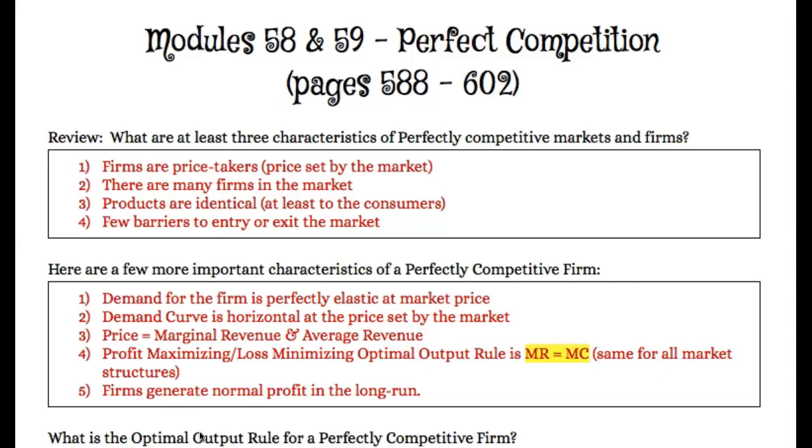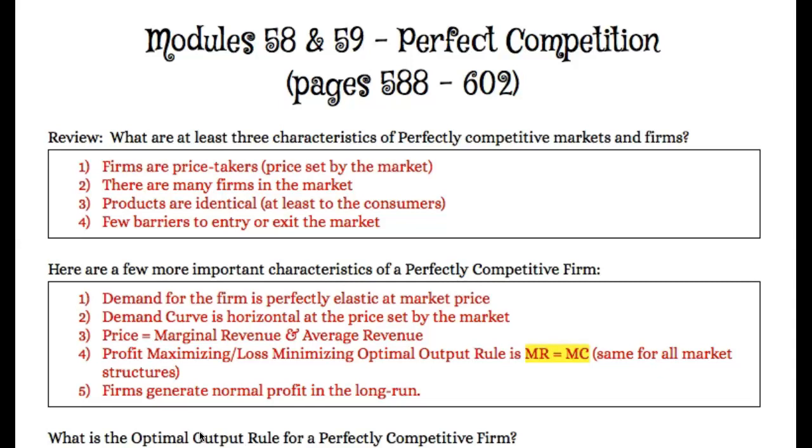But if they go to the grocery store, they're not noticing which dairy produced their milk. Also, there are few barriers to entry or exit the market. It's very easy to get into the industry, relatively speaking, and it's also fairly easy to get out of the market. So there are very few barriers to entry or to exit.